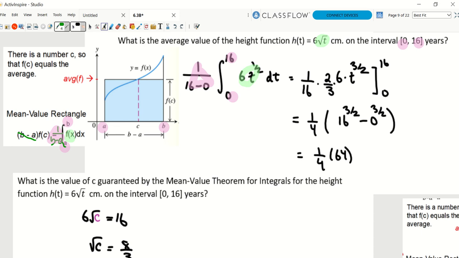Now we're going to take the antiderivative, which is this right here. And then we're going to plug in 16, and then subtract it from plugging in 0.